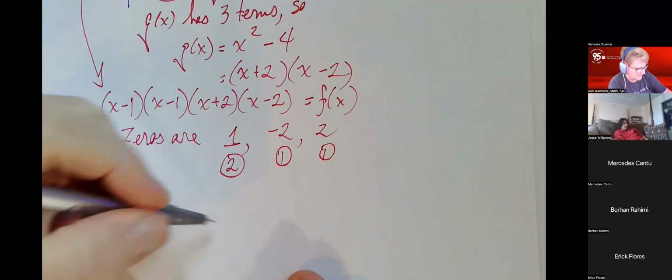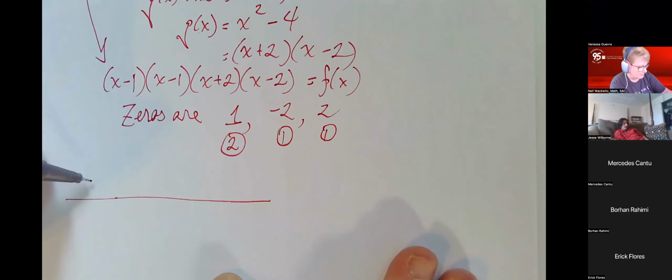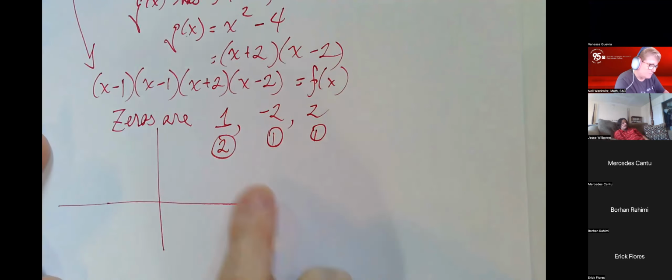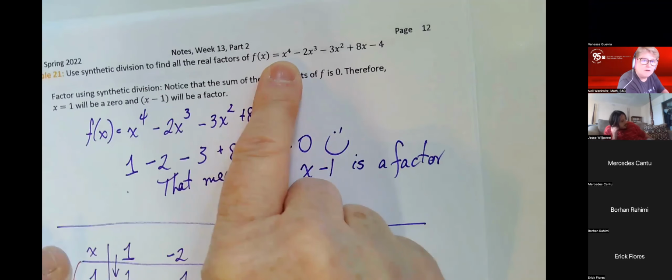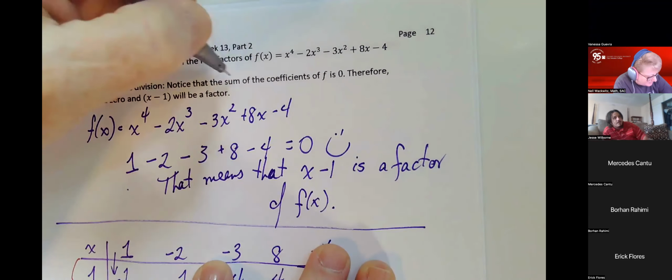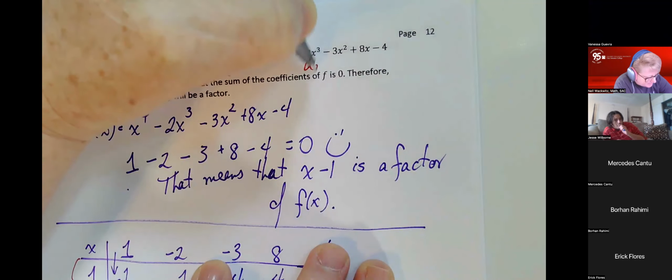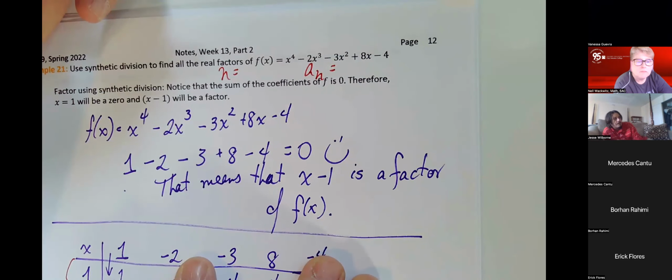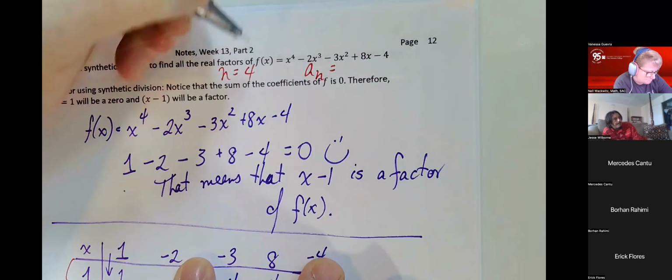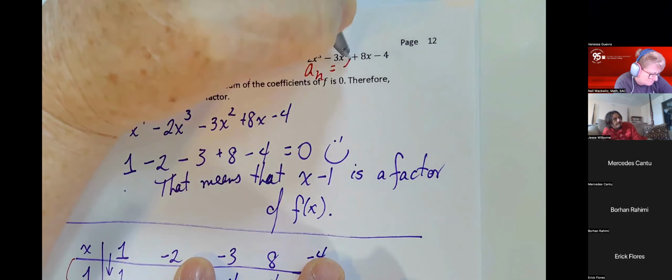So we can actually sketch this. The degree of f of x is 4. What is n and what is a sub n? n is 4, and a sub n is 1.